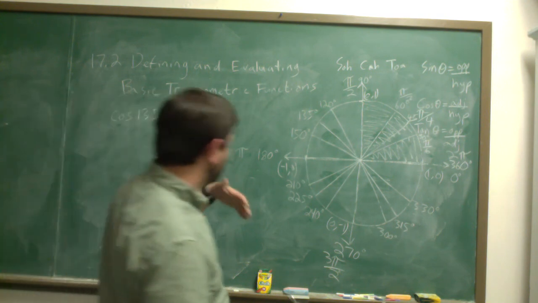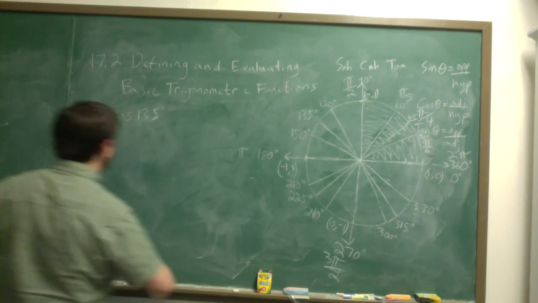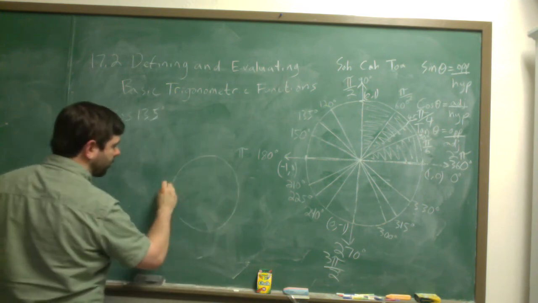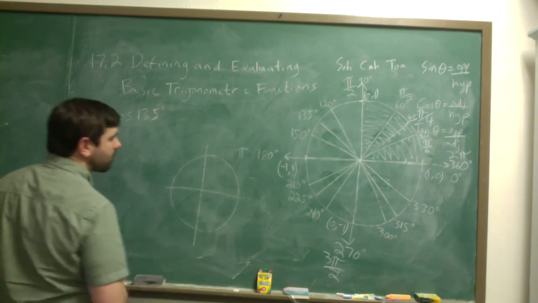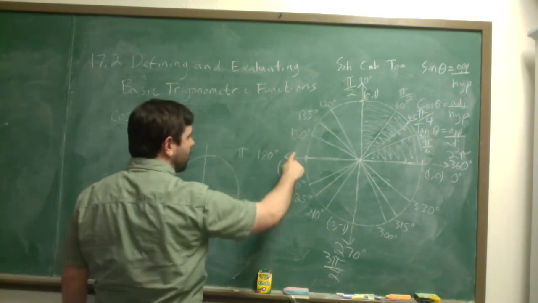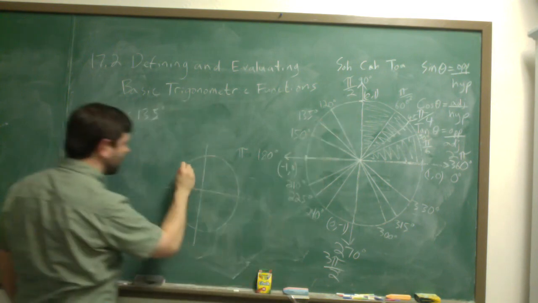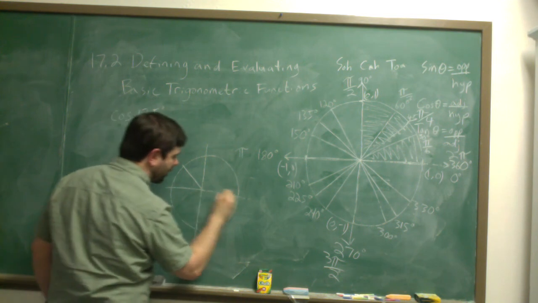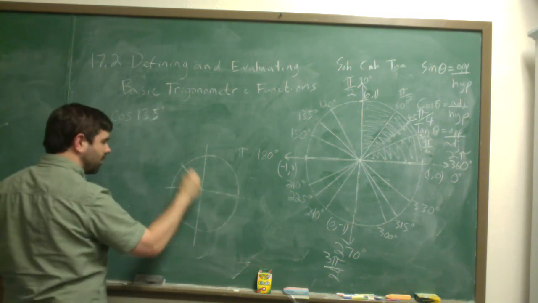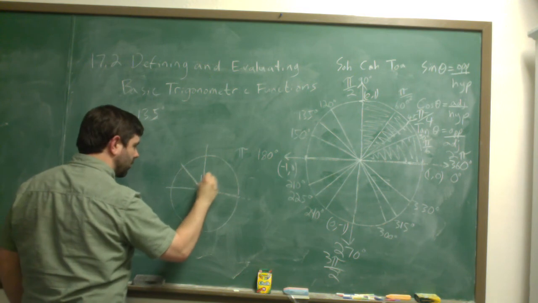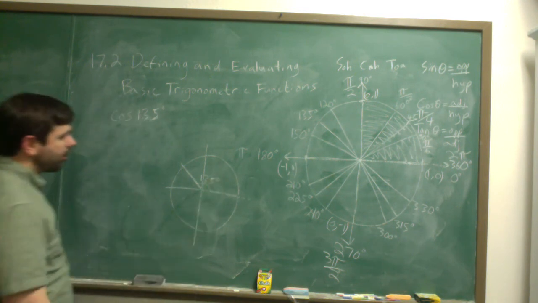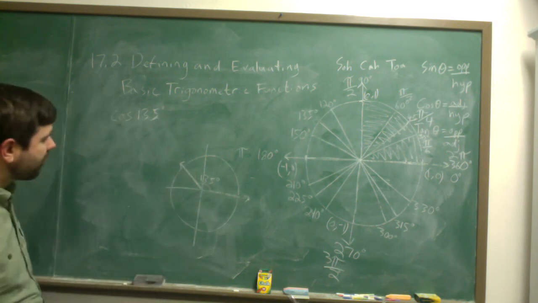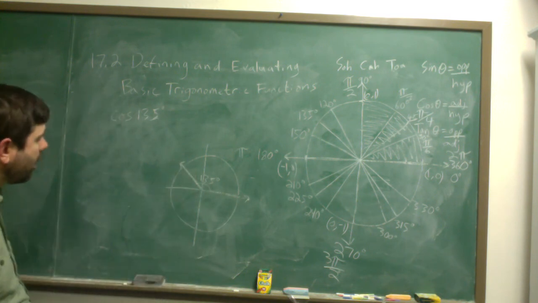So what we do is, I'm going to draw another unit circle here. 135 is halfway between 180 and 90 degrees. So our angle starts here and it ends here. It's a 135 degree angle. We're asked to find the cosine of 135 degrees.